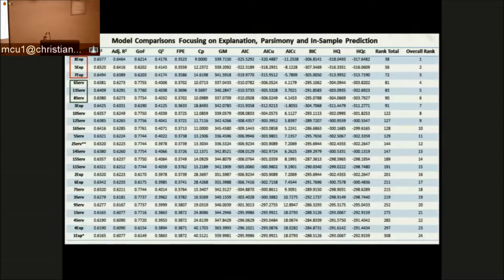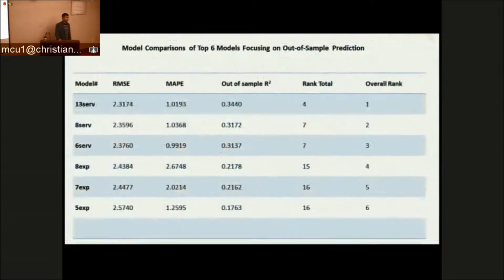Okay. Now, what I would do is take the top quarter of these models, the top 25%, and put them into a race for out-of-sample prediction. So here, I've taken the top 6 models from the previous slide and put them into a race for out-of-sample prediction. Here you can see a lower value on RMSE and MAPE is better, and a higher value on out-of-sample R-squared is better.